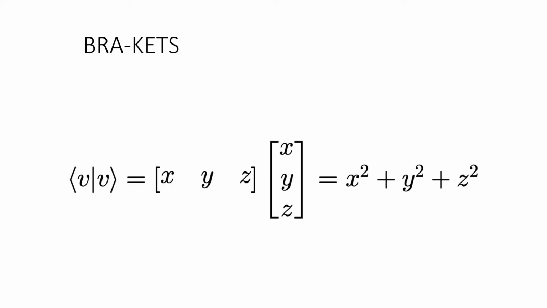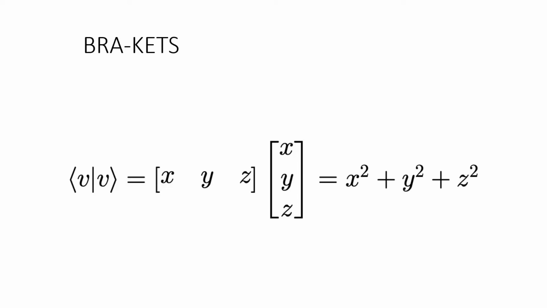Bras and kets can also be written together to signify an inner product. Inner product means scalar product or dot product of the vectors. You know that A dot B is equal to AB cos theta. This multiplication, we call it the inner product or dot product. The inner product, as we discussed, is a generalization of the dot product considering the original vector in three-dimensional space.